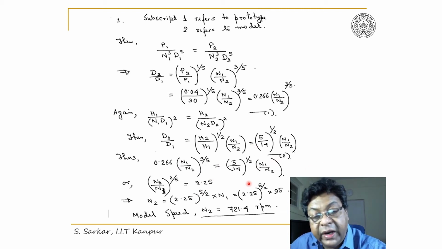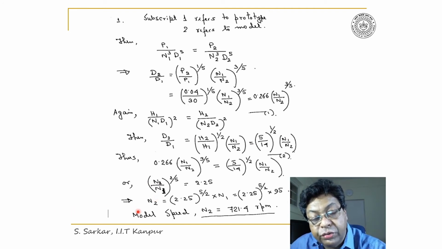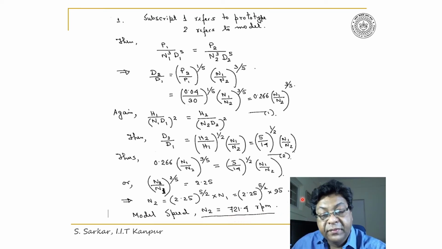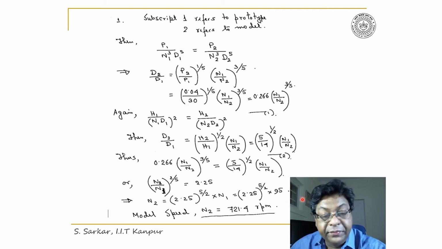And from here, you can evaluate N1 by N2. And N1 is known to you, so you can calculate N2. I got around 721.4 RPM. That means the model has to rotate at 721.4 RPM.